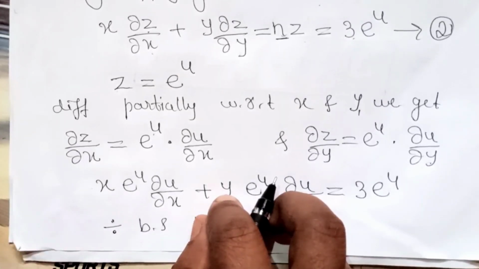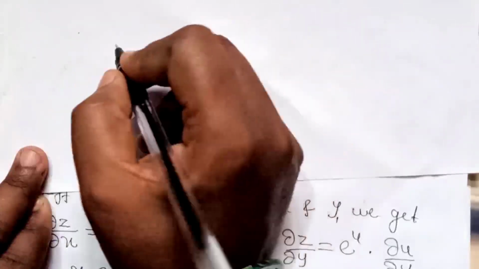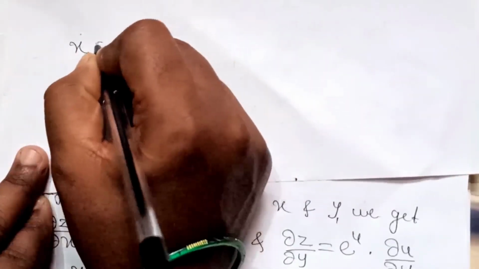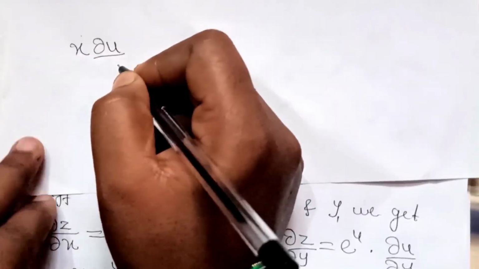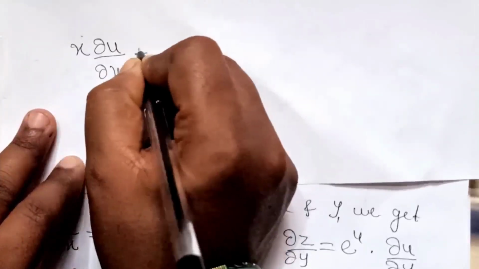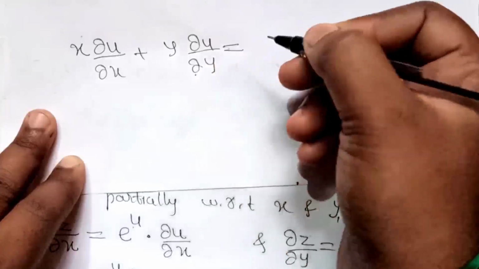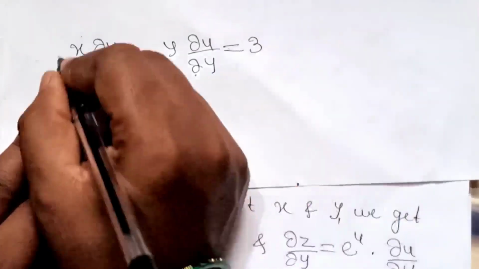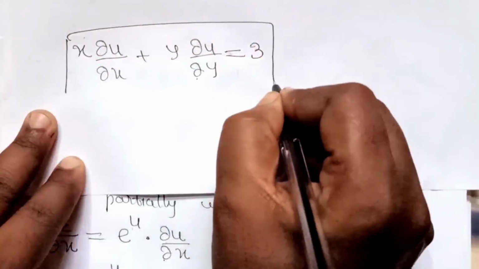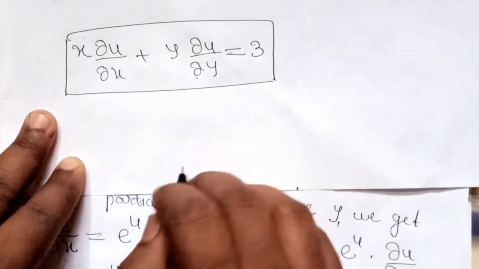Okay. Now dividing both sides of the equation by e raised to u, we get x ∂u/∂x plus y ∂u/∂y equals 3. So this is the required proof.